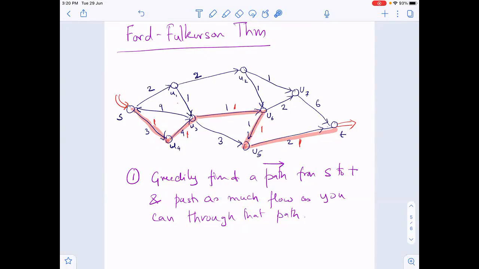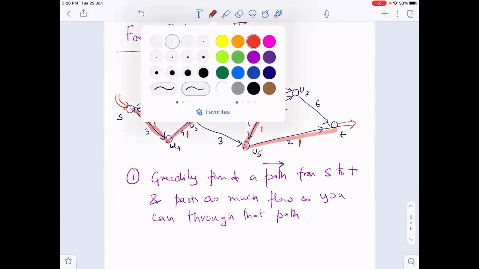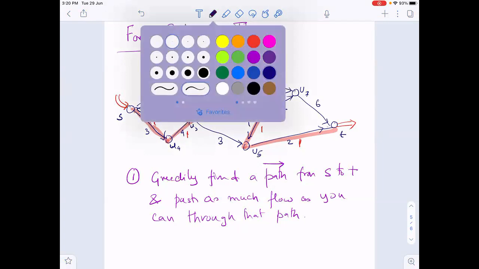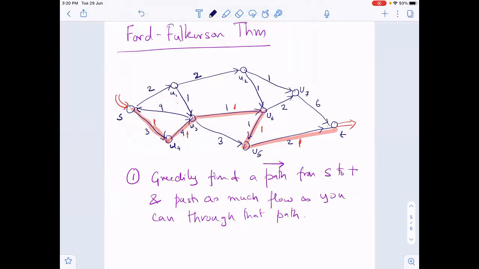Sorry, I've overshot myself. So because of this 1 unit coming, let me write down what happens here. The capacity here has gone down from 3 to 2, right? Capacity here has gone down from 4 to 3. Capacity here has gone down from 1 to 0, so now I cannot pass any flow from here.